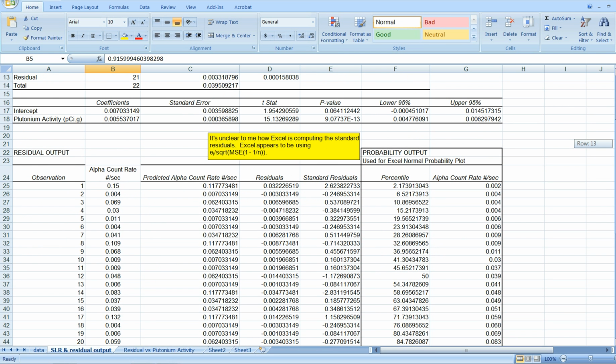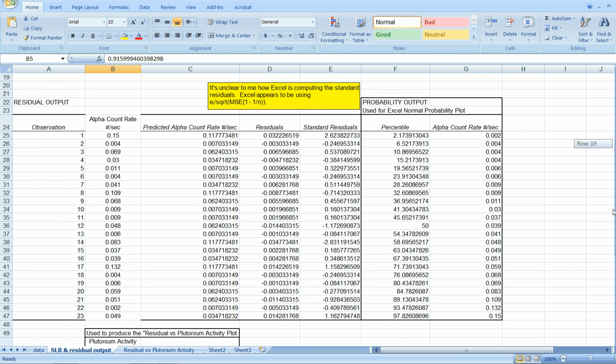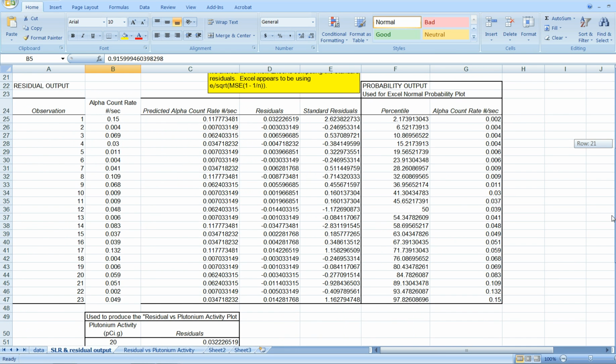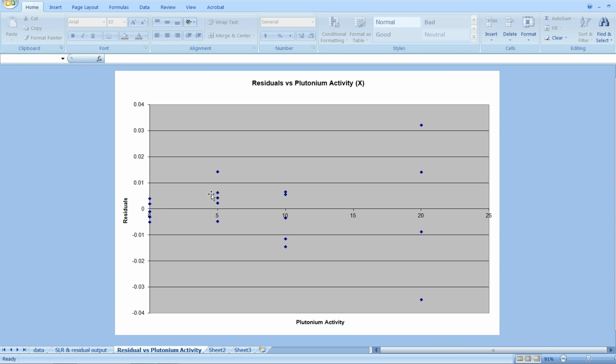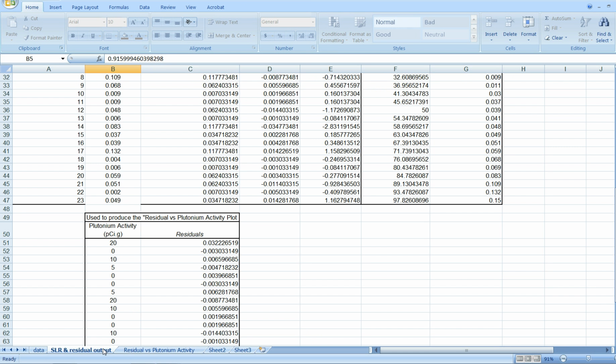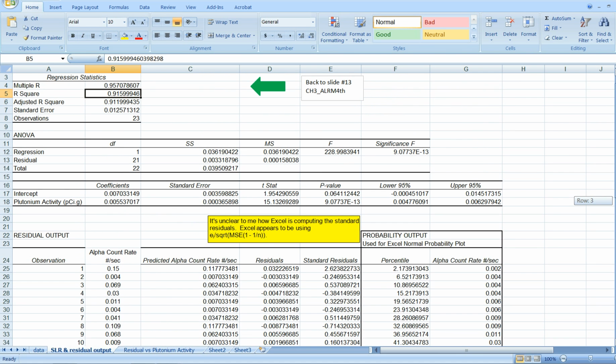If you look at an analysis of the residuals and you plot the residuals versus the plutonium activity, notice what you get. At the various levels of activity, as they increase, the spread of these residuals is also increasing. And so there's a concern about this assumption of homoscedasticity, and we need to take care of that.